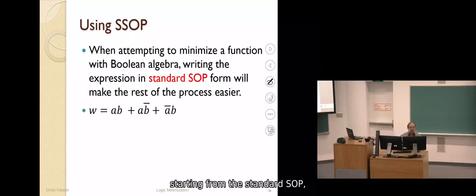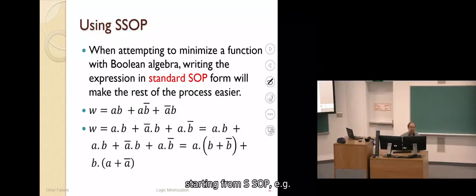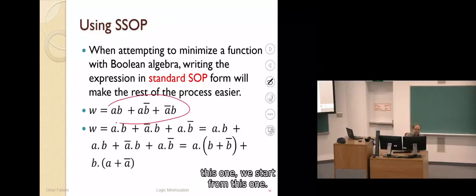So starting from the standard SOP, starting from SSOP. For example, this one, we start from this one, and you know this one should be an OR function because it is min terms 1, 2, 3. Min terms 1, 2, 3 are OR because min term 0 is 0 and the rest of the min terms are 1.